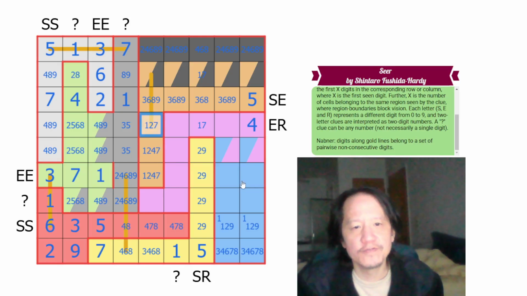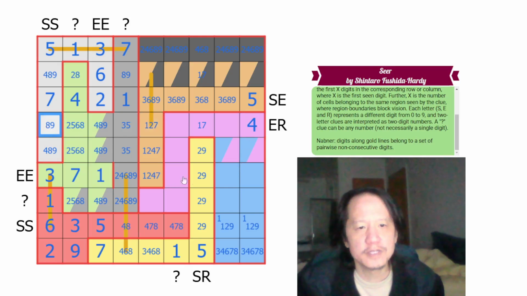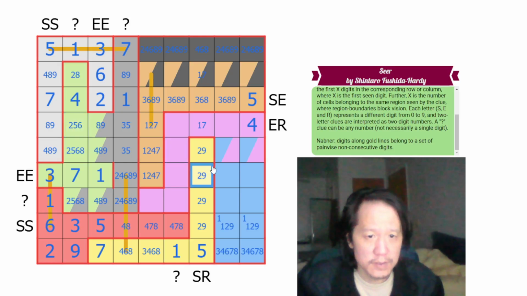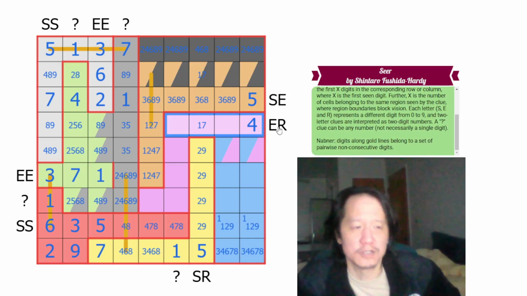This can't be 4. This can't be 4, and this can't be 4. Well, we have an 8, 9, 8, 9 pair in row 4, which eliminates 8 and 9 from the rest of the row. So this can't be 8. This is 4 digits. It still could be 10, actually.